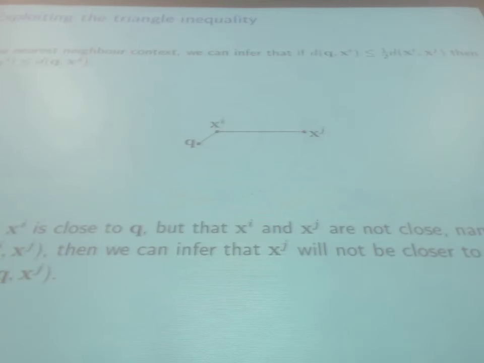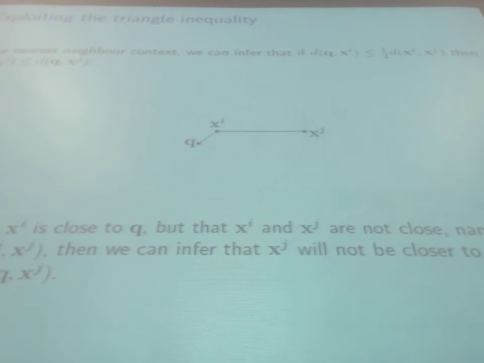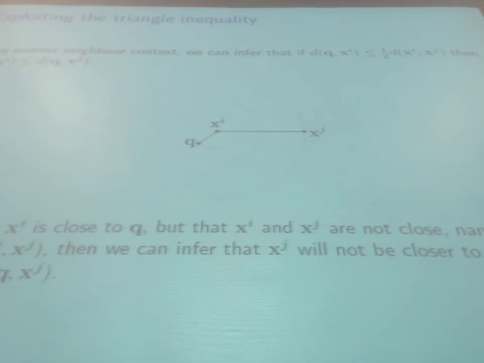Then somebody says, let's imagine that the distance between Q and xi is less than half this distance there. Then I know that the distance between Q and xi is less than the distance between Q and xj. So I don't have to go and compute the distance between Q and xj. I know that it's further away from Q than xi already.